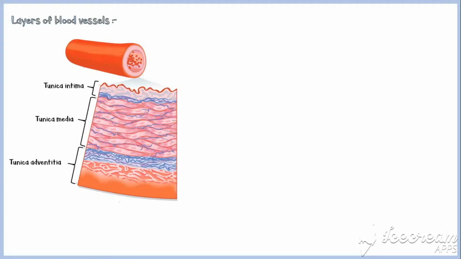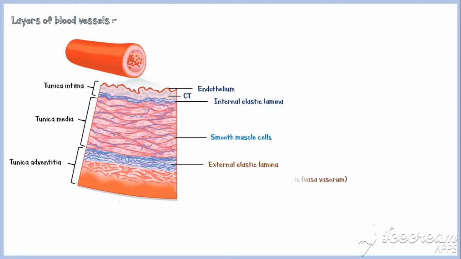Tunica intima consists of the endothelium, connective tissue, and internal elastic lamina. Tunica media contains smooth muscle cells. Tunica adventitia is composed of the external elastic lamina, connective tissue, nerve fibers, and blood vessels supplying the artery, known as vasa vasorum.